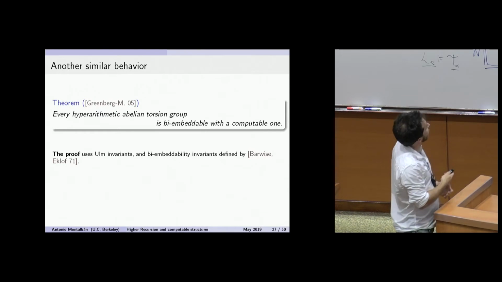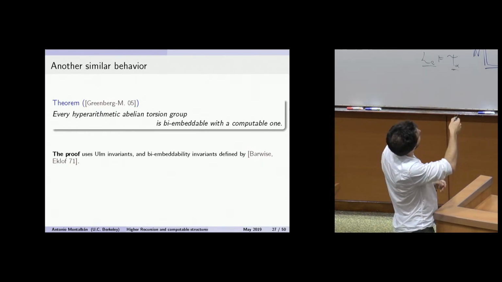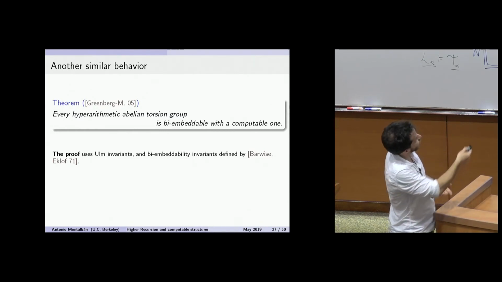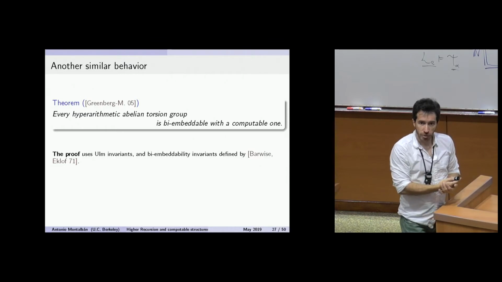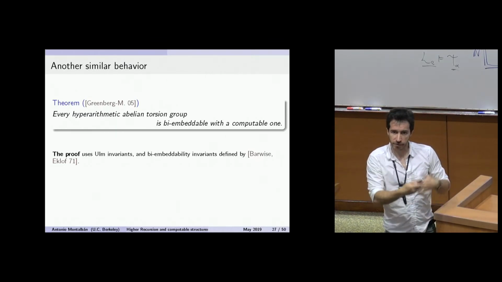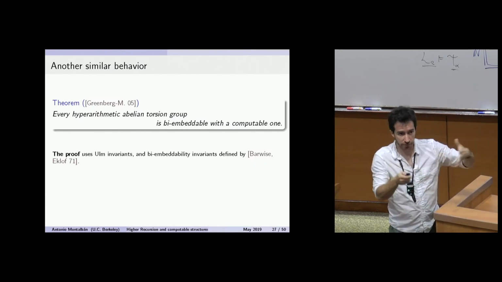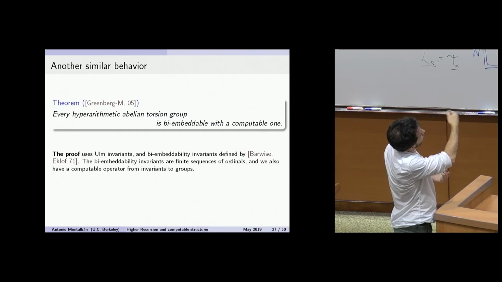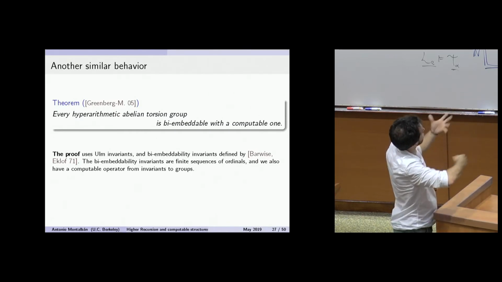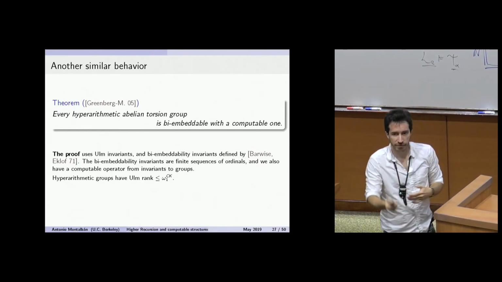And for that, you have to use Ulm invariants, and Barwise and Eklof in '71 produced these bi-embeddability invariants for torsion p-groups, depending on the Ulm sequence of the p-group. You have to divide your group into the possible p-groups, and then you look at the Ulm sequence and define these invariants, and they are also finitary, and then from the invariants, build the tree.